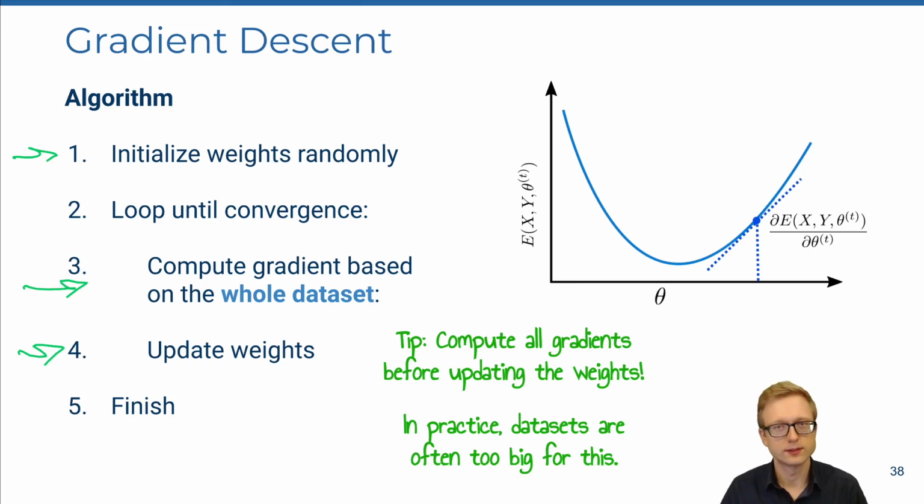And the second reason is that it's not very efficient because we have to wait until we've processed the whole dataset until we do one small step of gradient descent. So it's going to take a long time until we can do just one little update to our parameters.